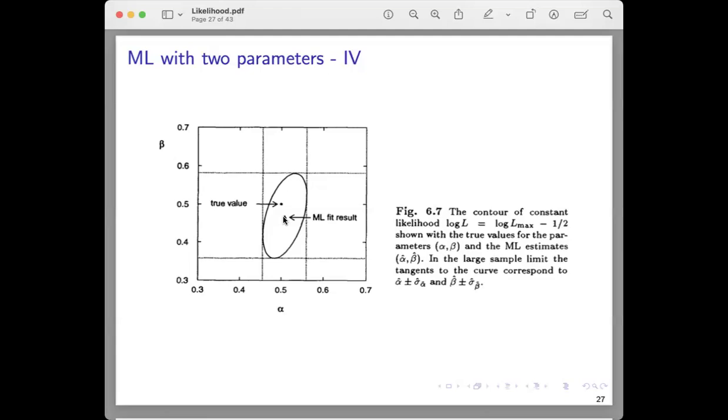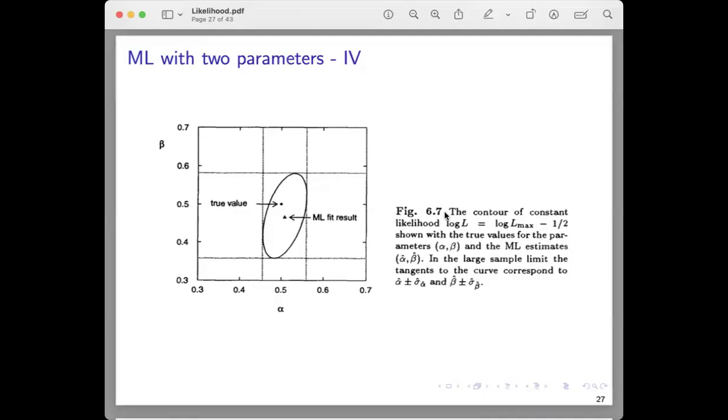The log likelihood decreases from the maximum likelihood by half. So you find all these points that correspond to the values of alpha and beta where the log likelihood differs from the maximum value of the log likelihood by half.